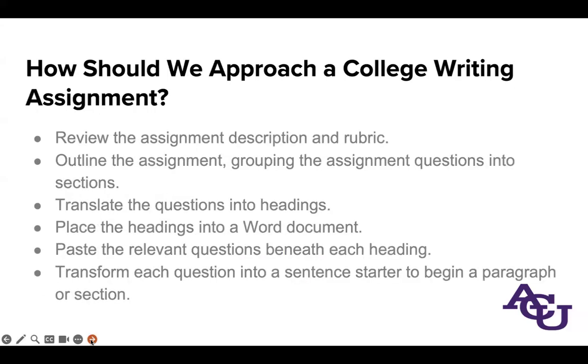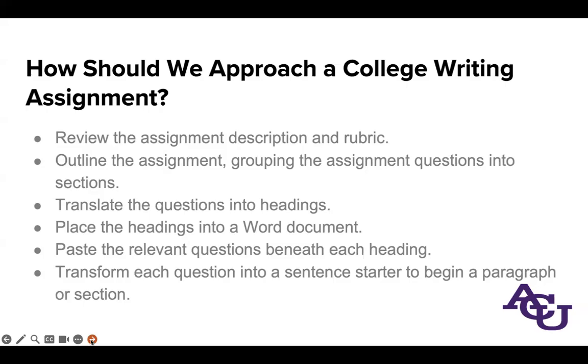So, how should we approach a college writing assignment? A really good place to start is obviously to review the assignment description and the rubric. What are you being asked to do? Sometimes it can be a bit overwhelming because there's a lot of steps, but it's good to break them down and look at them one at a time, maybe outline the assignment, grouping the questions into sections.